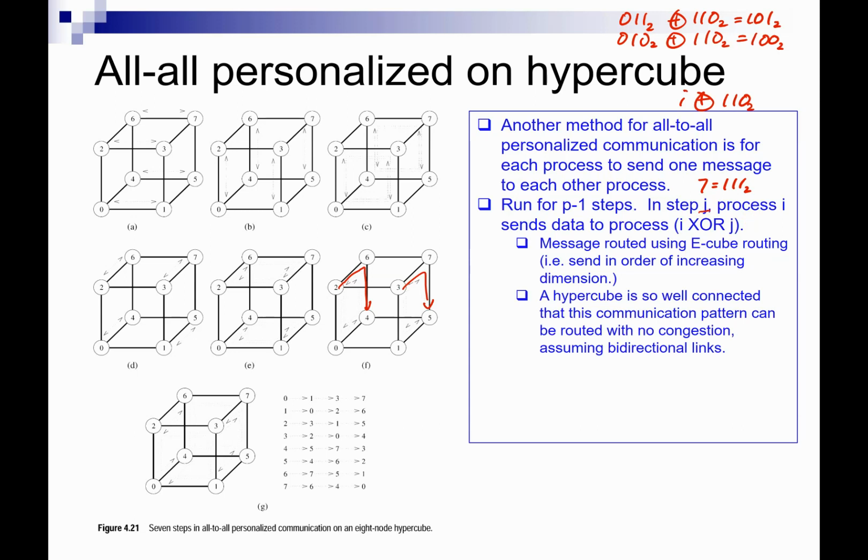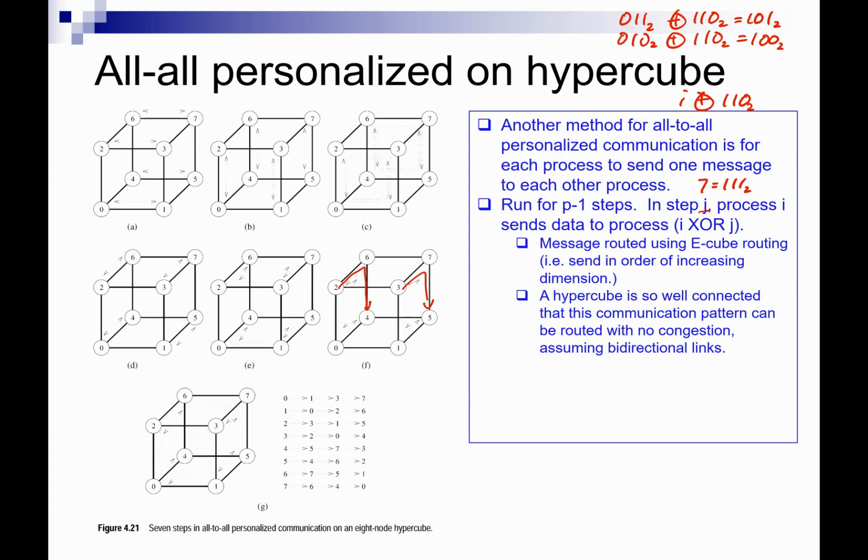But because there are so many edges in the hypercube, all of these P messages can be sent without any congestion, meaning that each edge will only be used twice, once in each direction. We're not going to have any edges where many processes are trying to use that edge at the same time.